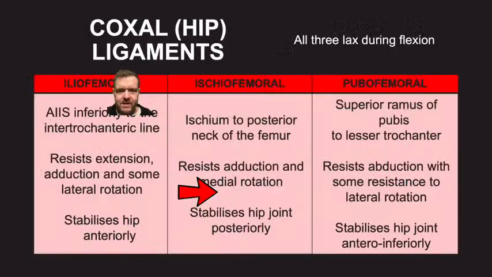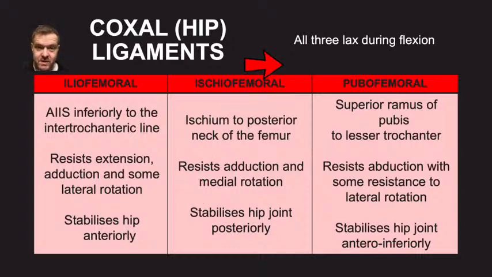If you're doing revision, then this is your snapshot, so take a screenshot of that. All three of the ligaments are lax during flexion. And we were talking about if you're going to dislocate your hip, then usually it's in a flexed position with some kind of load.